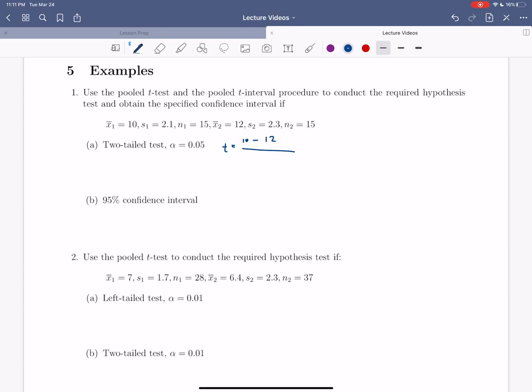Okay, so that'll go here, and then times the square root of 1 over 15 plus 1 over 15, 1 over n1 plus 1 over n2.